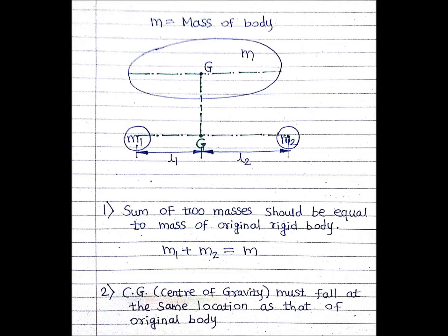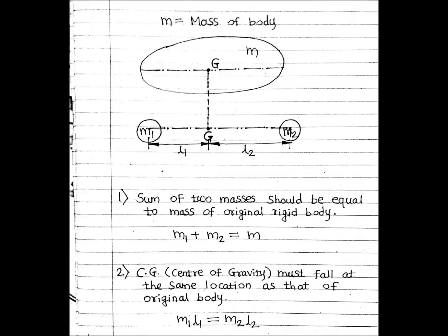So the moment due to mass m1 will be m1 L1 and the moment due to mass m2 will be m2 L2. And whenever this moment is equal, at that time only we can say its CG is going to fall at the same location as that of the original body.